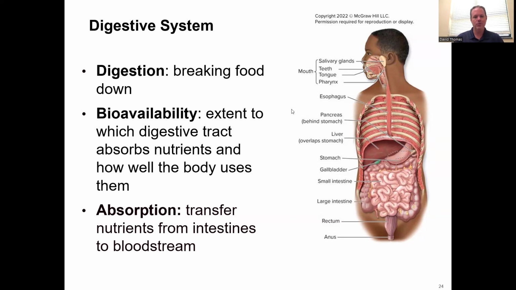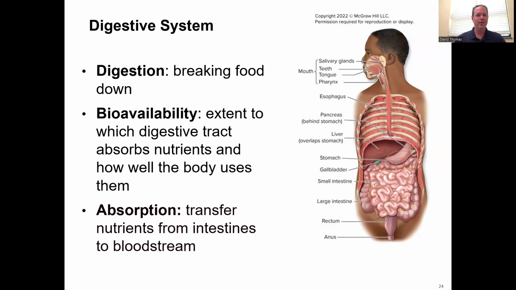So let's take a tour through some of the main aspects of the digestive system. Of course, digestion is breaking down food. It includes mechanical, physical breaking down of food, but also really the chemical breaking down of food or nutrients.